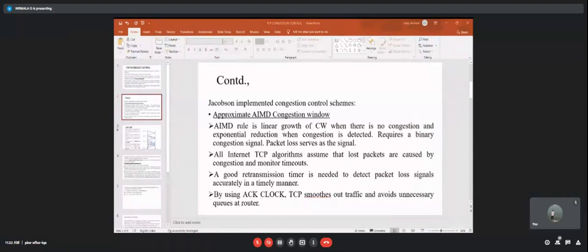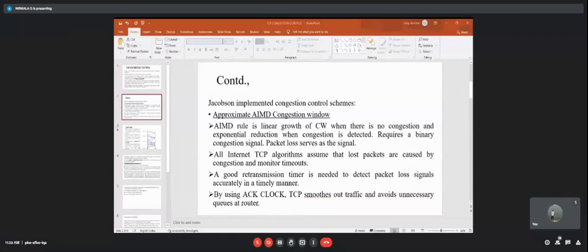So all internet TCP algorithms assume that lost packets are caused by congestion, and here TCP is using many different types of timers. Whenever the congestion occurs, it means that the packets are lost. So in case of TCP, how are those lost packets retransmitted? TCP maintains a retransmission timer. It waits for some time.